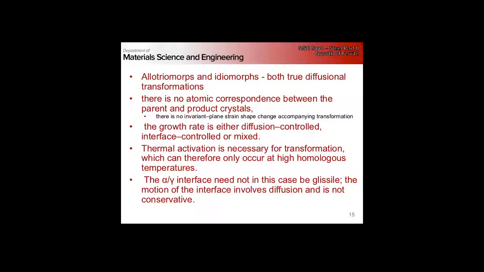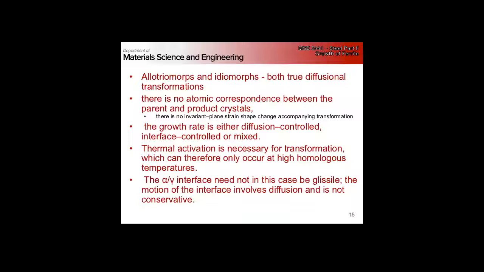There's no atomic correspondence between the parent and the product crystals, right? Meaning, other than the Kurdjumov-Sachs boundary at the grain boundary, right? When the ferrite grows in, right, it doesn't maintain any kind of orientation.